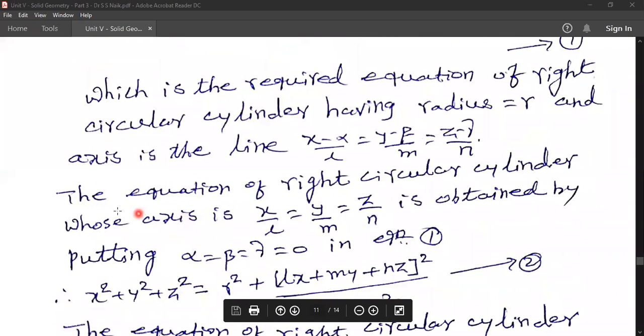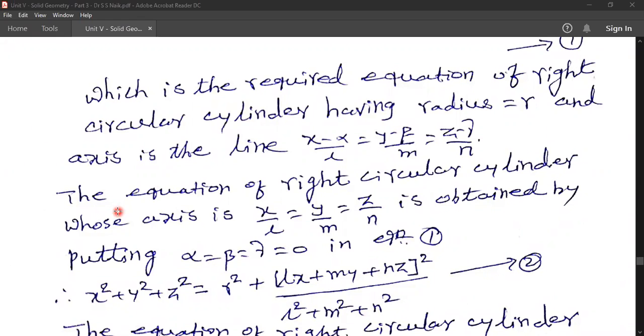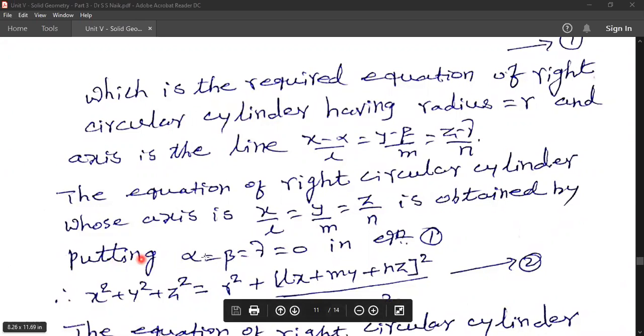Now we want to find particular cases of the right circular cylinder. The equation of a right circular cylinder whose axis is x upon l, y upon m and z upon n is obtained by putting alpha equal to beta equal to gamma equal to 0.